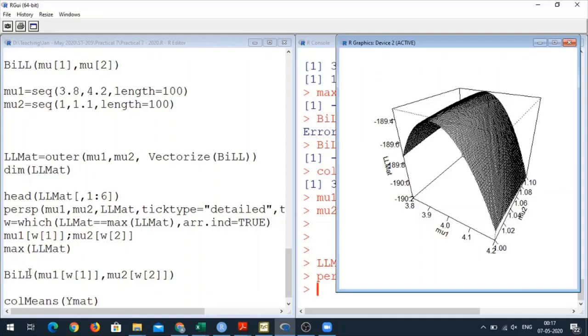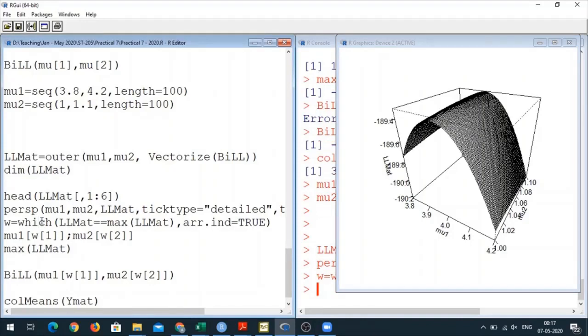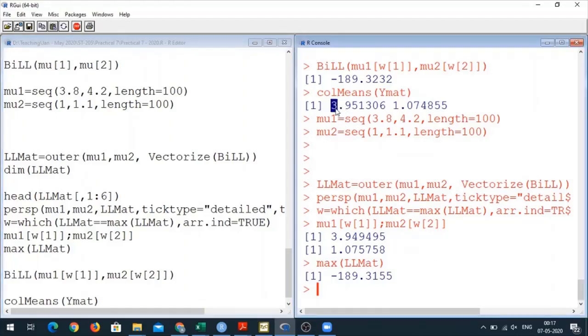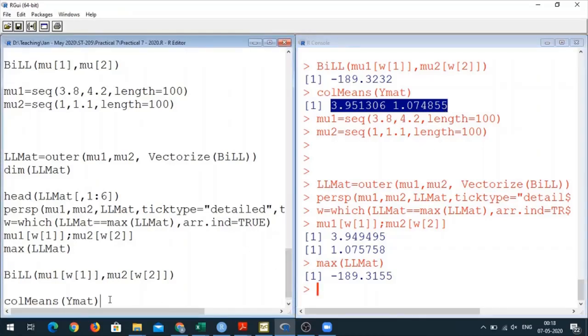The graph is more or less similar. See 3.949, so it is almost 3.951, and 1.074, so 1.075. So it is quite close. Oh yeah, we can also compute the log likelihood at that point, the actual MLE, and let us see if it is larger.